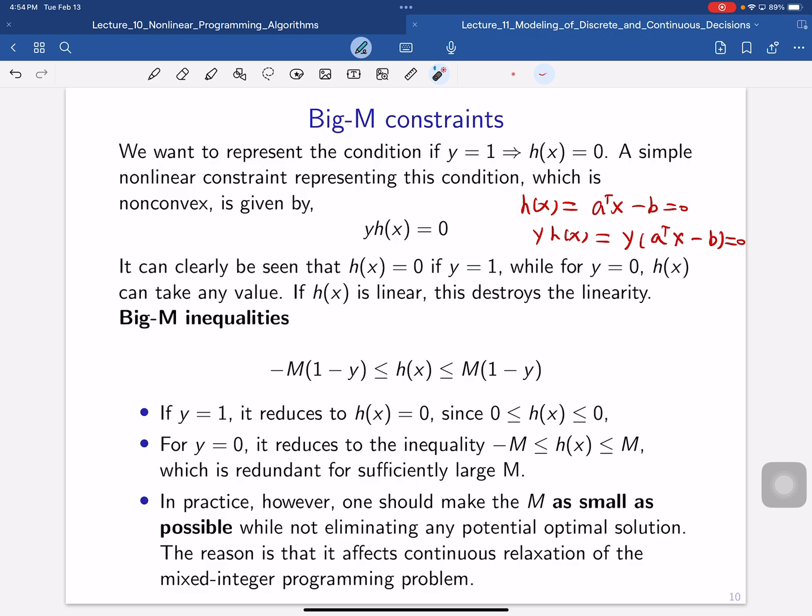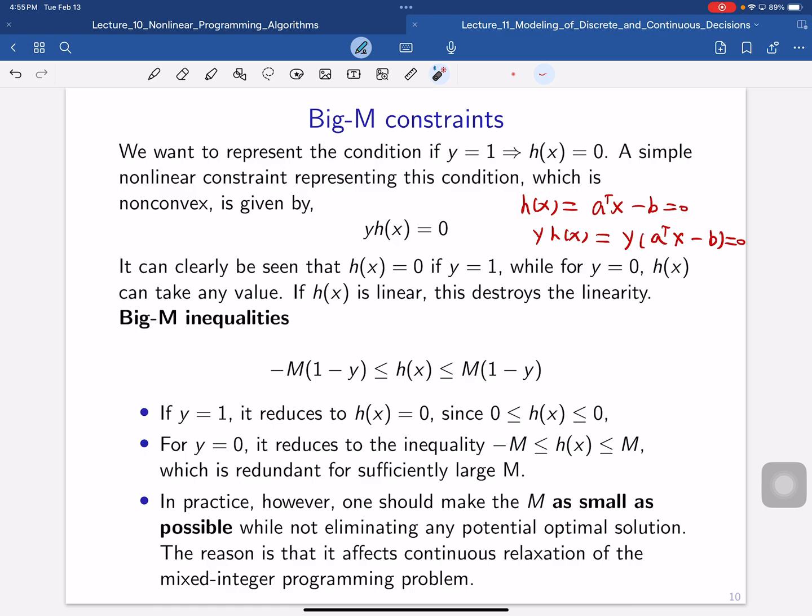Think about this. In order to solve those problems, we haven't talked about the algorithm yet. We will talk about it in the next lecture. But the algorithms to solve mixed integer problems all rely on continuous relaxations. Maybe you can develop smarter ways of solving mixed integer programming problems that do not rely on continuous relaxation.